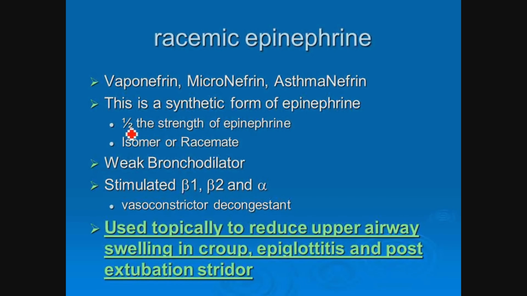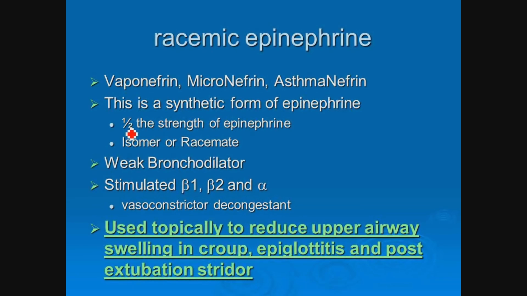Croup is subglottic, epiglottitis is supraglottic, and when you extubate somebody, pull that tube out, one of the things that can happen is that the larynx can actually go into spasm, and you can end up having stridor, and if it's severe enough, asphyxia occurring. So this drug can be utilized to reduce the swelling and reverse the process.